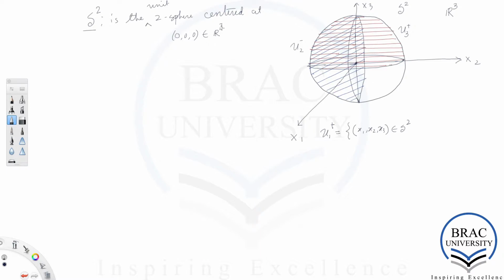So it's the collection of all ordered triples in S2 such that X1 is strictly positive.